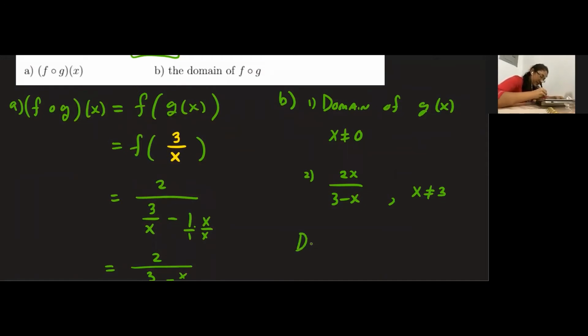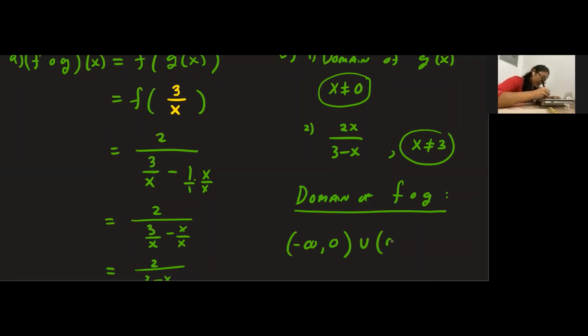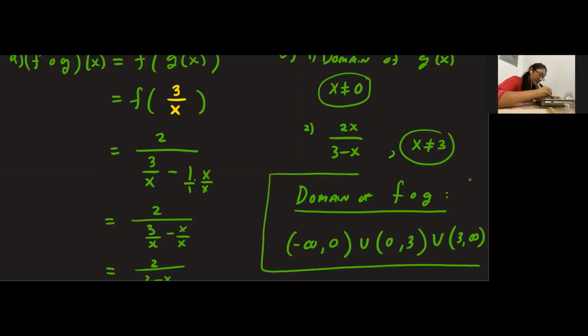So the domain of f circle g is going to be all real numbers except 0 and 3. We'll write that in interval notation as negative infinity to 0, union 0 to 3, union 3 to infinity. So that will be our domain for the composition.